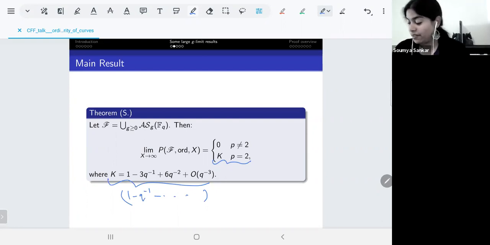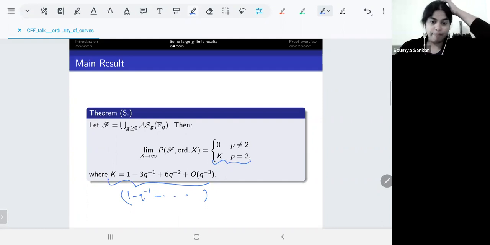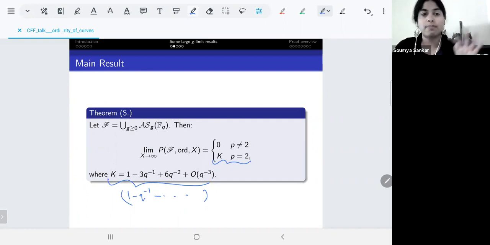The other thing I want to say over here is that this count is not how it's proved. It's not a count up to isomorphism of curves. It's more up to isomorphism of covers of P^1, which means in particular I'm counting curves with a map to P^1.